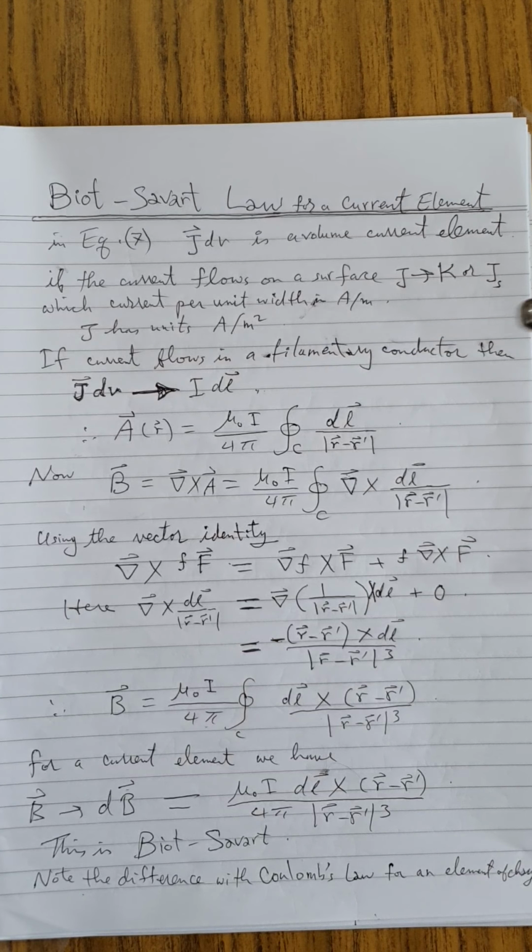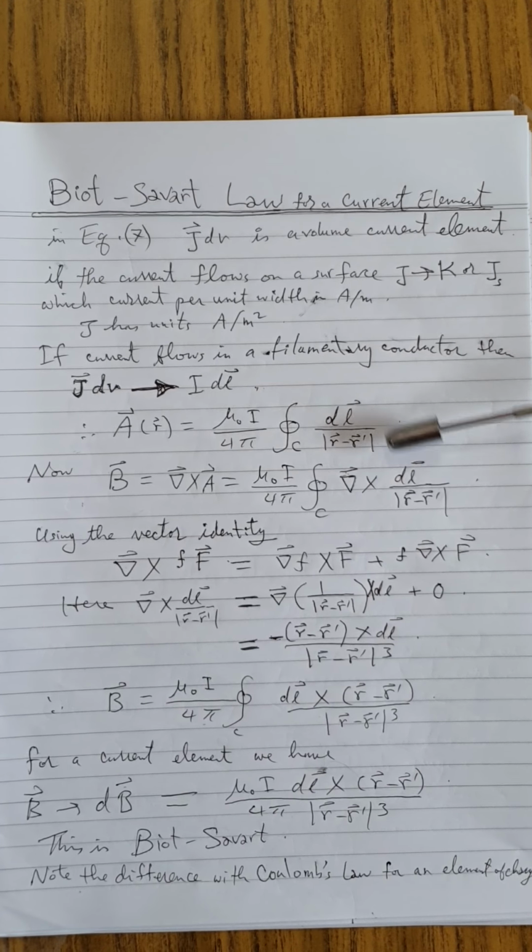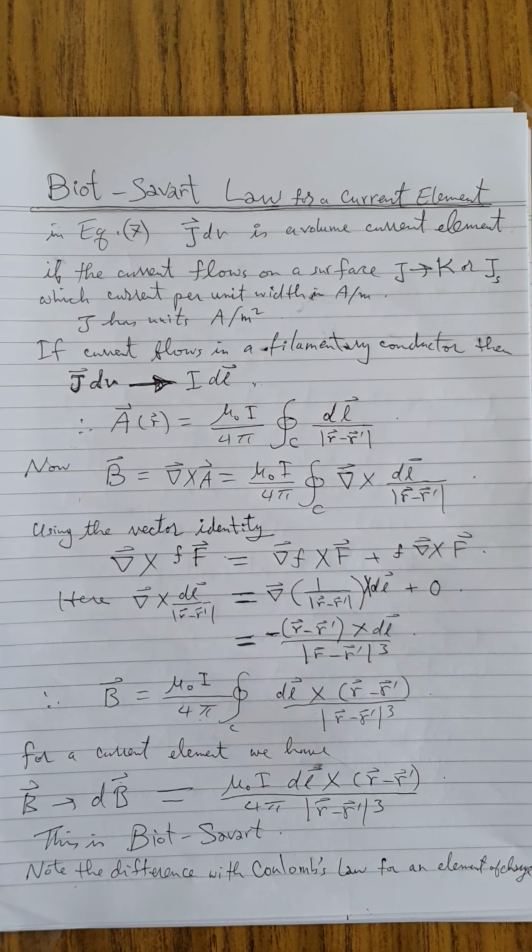If the current flows in a filamentary conductor, in a wire, then J dV becomes I dL. So A of r now for a filamentary conductor will be mu naught I over 4 pi integration around the path of the current, the closed path of the current, the circuit, dl, the element of length, divided by distance r minus r prime.